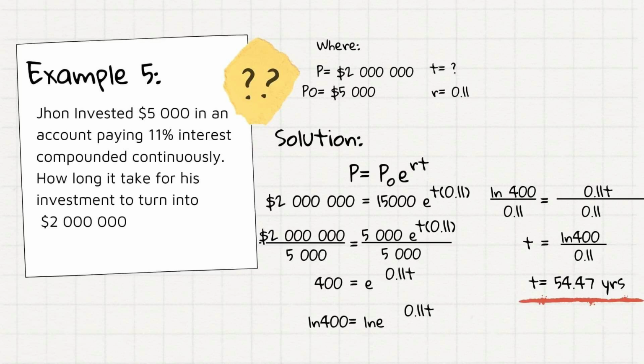So using your calculator, just type the value. So ln 400 over 0.11, which is the value of t, is equal to 54.47 years, or approximately, if we round up, it will become 55 years. So it needs 54.47 years or 55 years for John's investment to turn into $2 million.